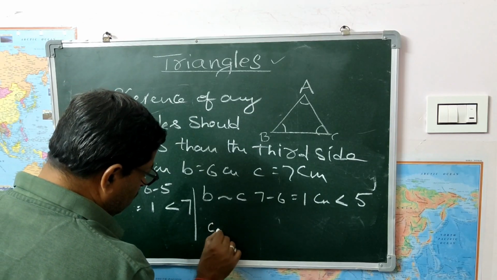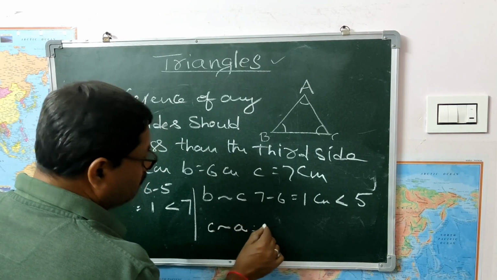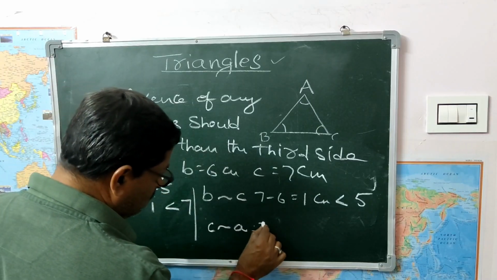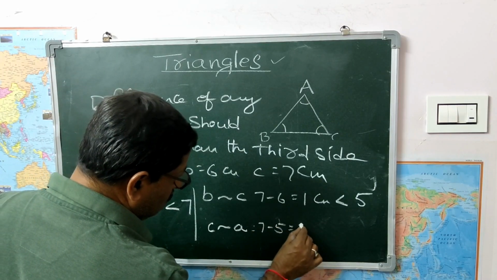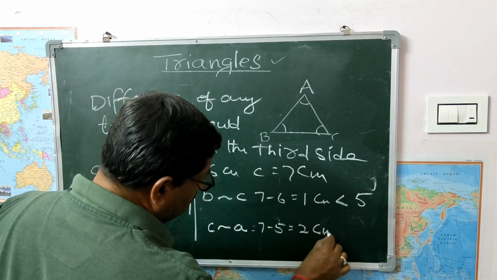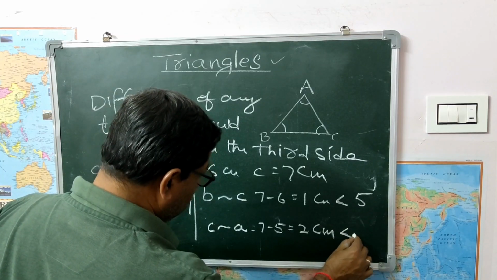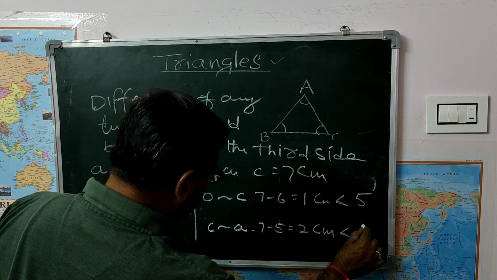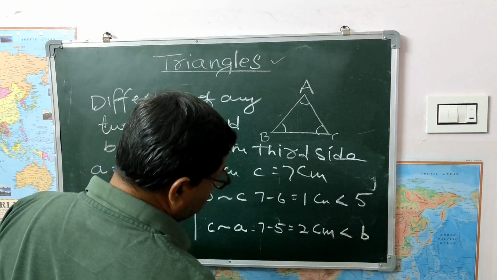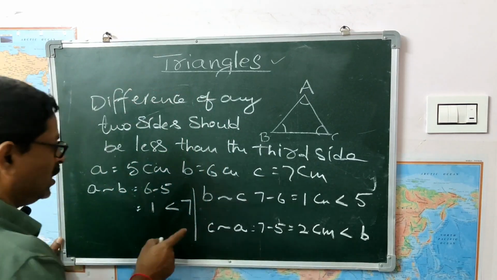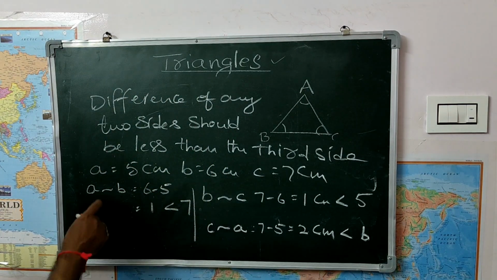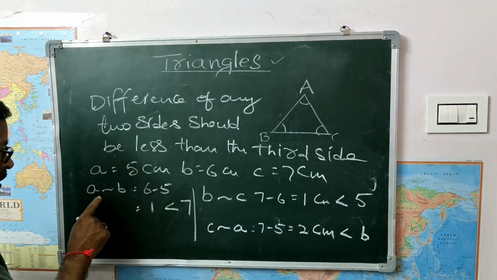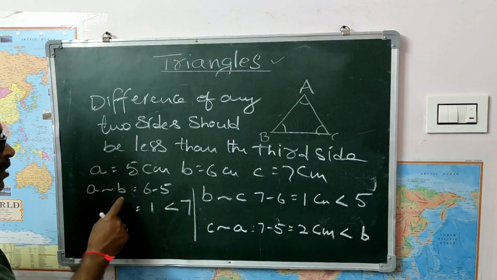Likewise, C difference A: if you consider 7 minus 5, that is equal to 2 centimeters, which is less than the third side B, that is 6 centimeters. So in this example, we have taken the difference, not minus here. That means we take the positive sign.